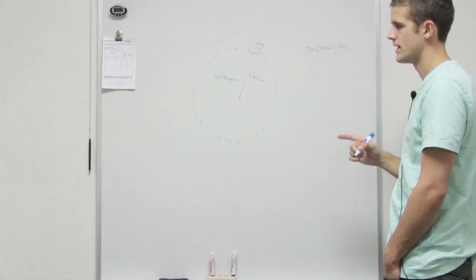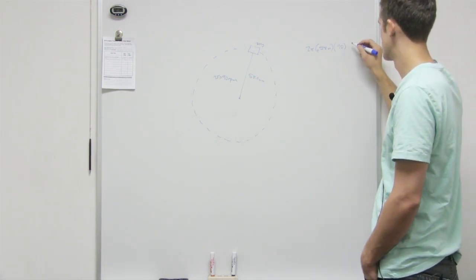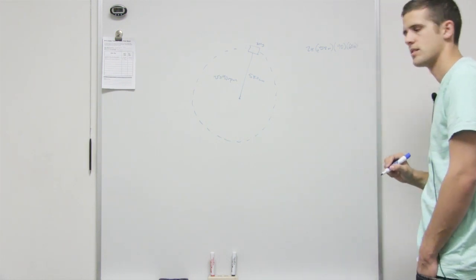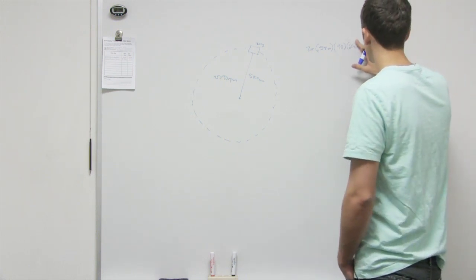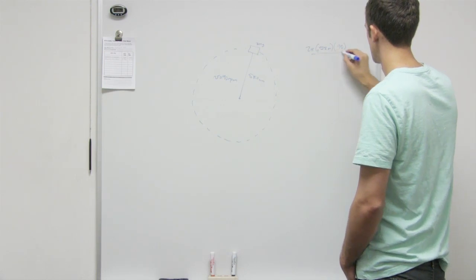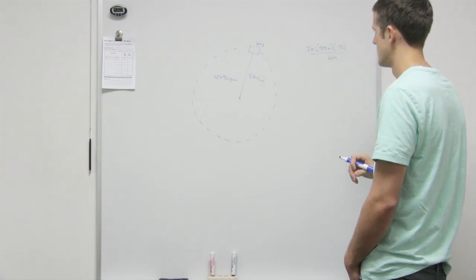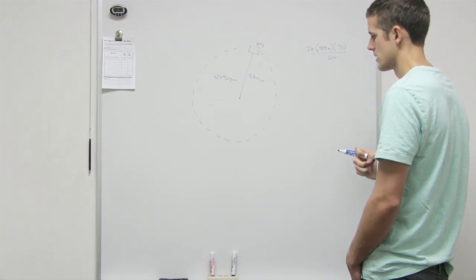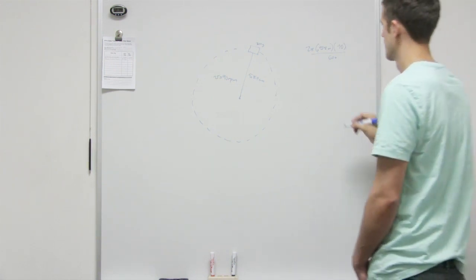And then you want to find it per second. That's how far it'll go in 1 minute, so then you divide by 60 to get seconds. So 2 pi times 0.58 times 90 divided by 60.